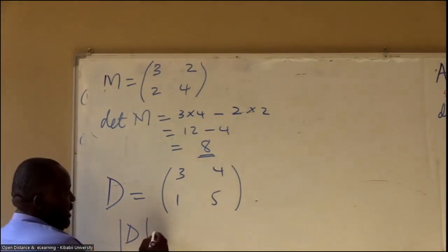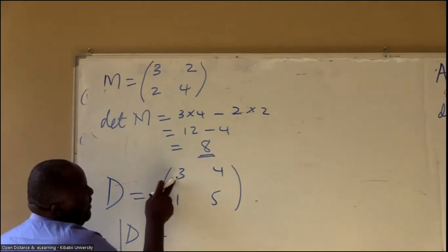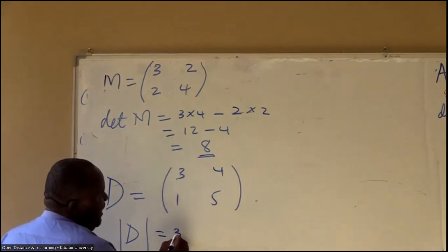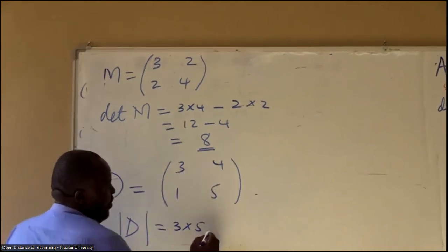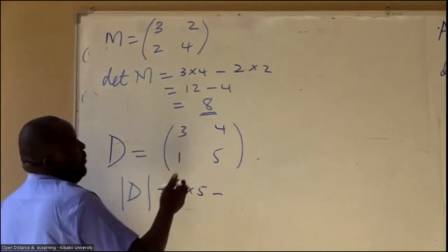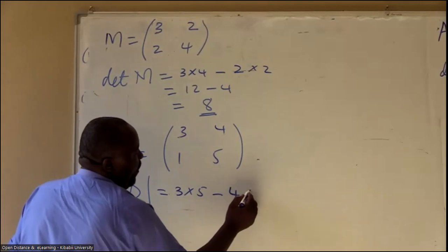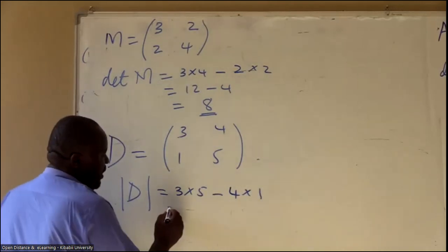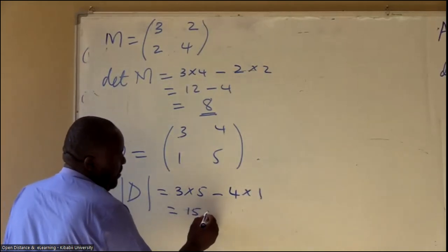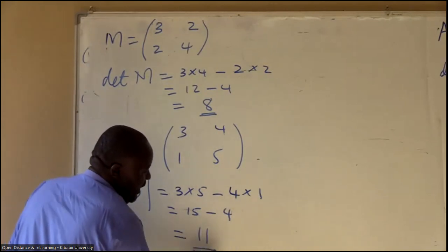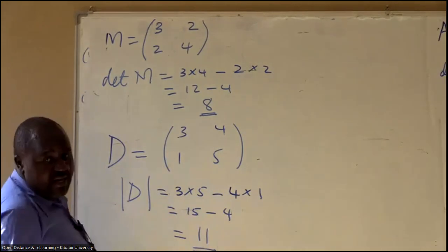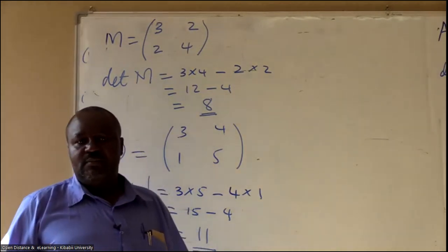This would be the product of the elements in the main diagonal, that is 3 by 5, minus those in the other diagonal, 4 by 1. So this will give you 15 minus 4, and that will be equal to 11. And that, I think, is easier.